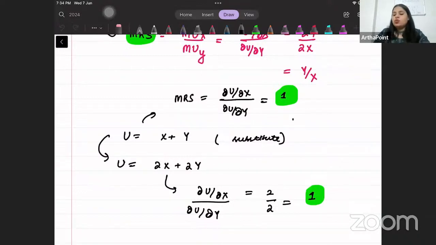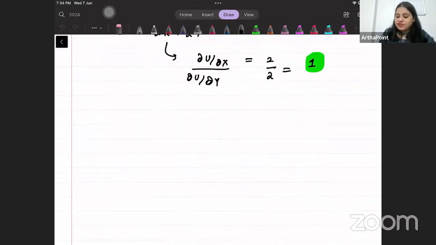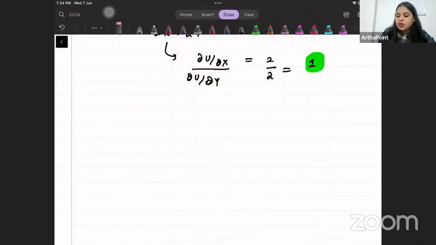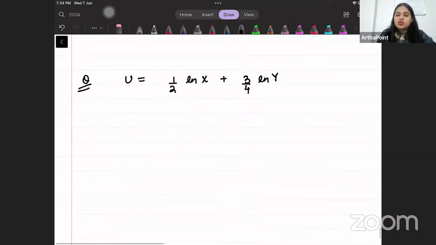Okay, so before we continue, quickly give me a yes or a no. My function is U equal to half ln X plus 3 by 4 ln Y. This is a utility function that I have given to you.